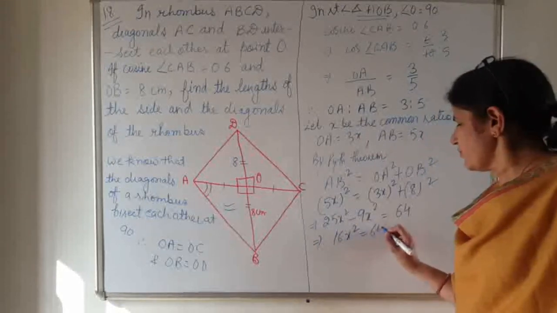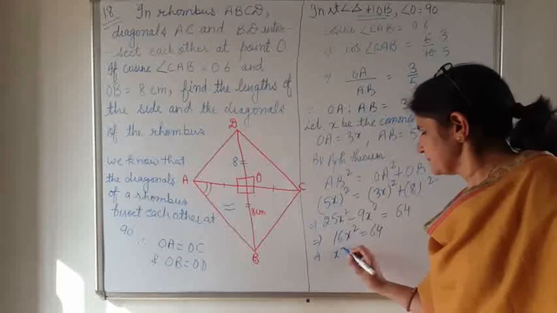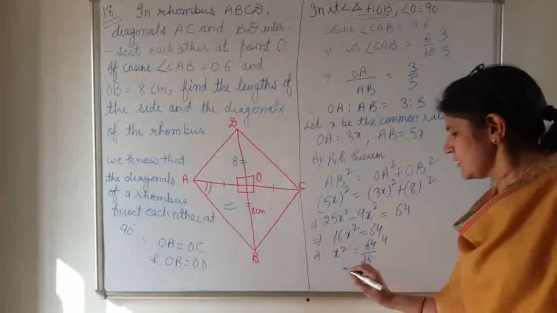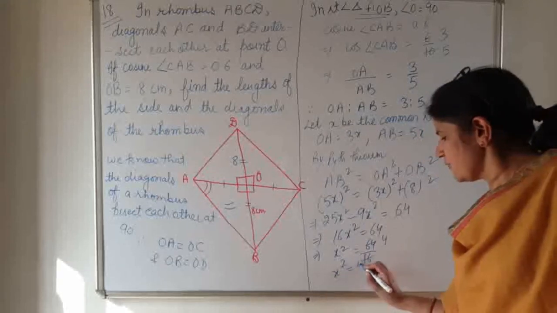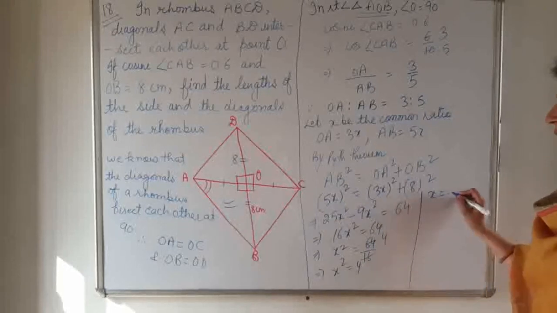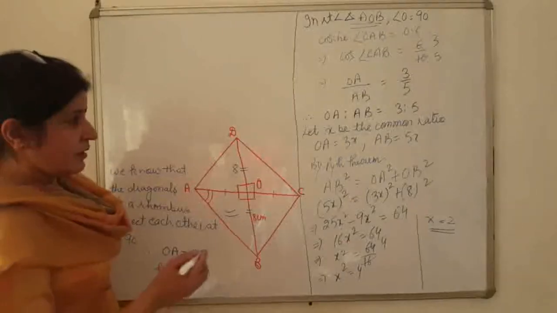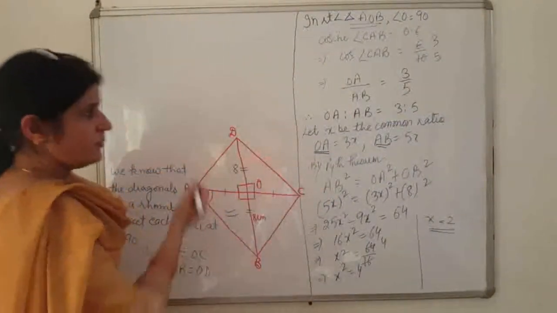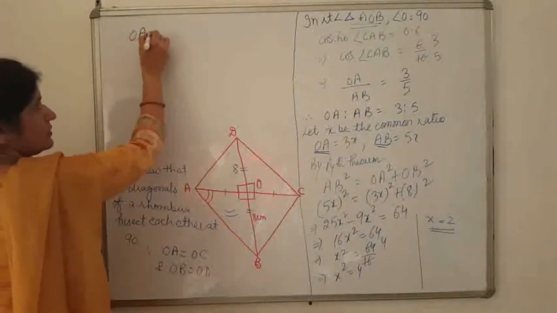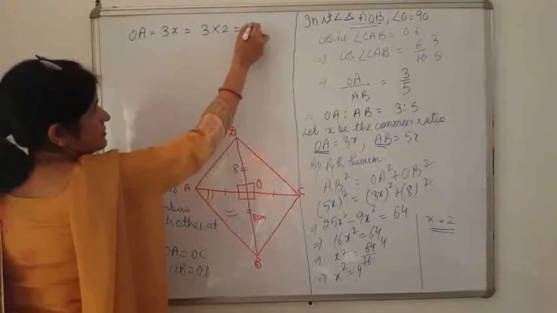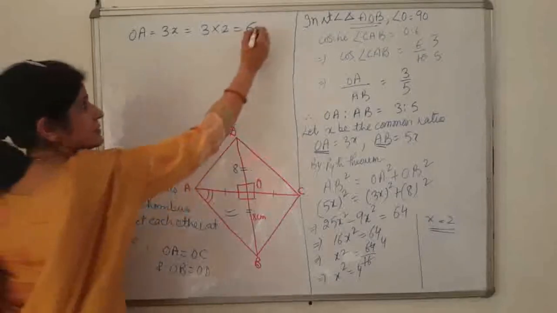equals 64 and x square is 64 over 16, reducing lowest term, x square is 4 and what will be x then? x will be 2. We will find here now value of OA and OB. OA equals 3x, means value of x is 2, it comes 6.